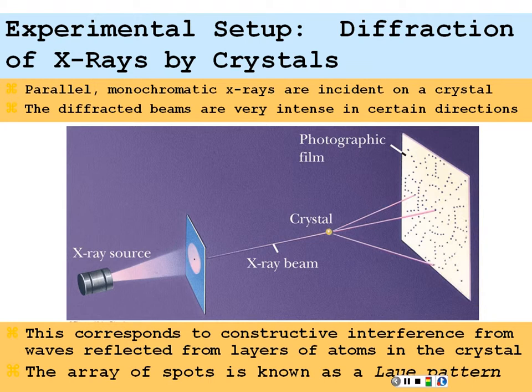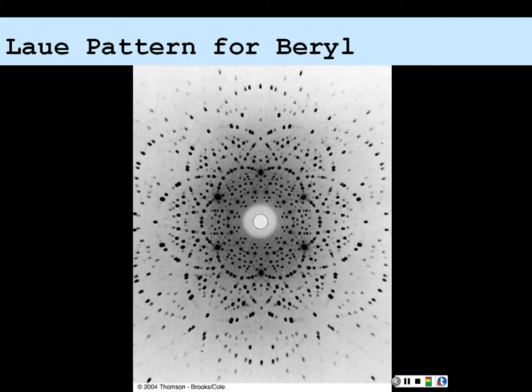This array of spots that you see for the interference pattern is called a Laue pattern, coincidentally named after Laue. Here's a Laue pattern for a beryl, and we can see it's actually quite beautiful. The different intensities, stronger intensities, will correspond to well-defined layers of atoms, and the weaker intensities to maybe different angles of atoms.